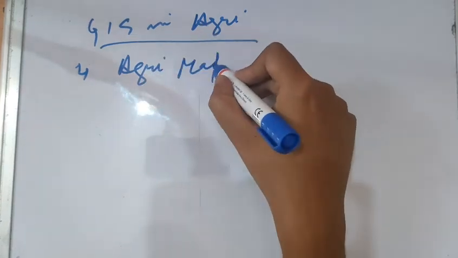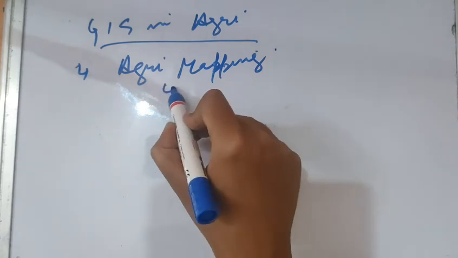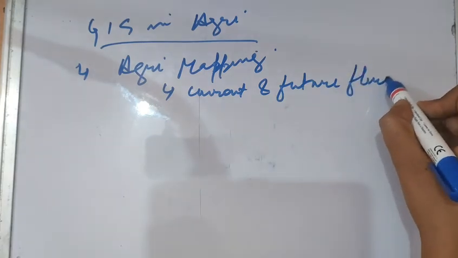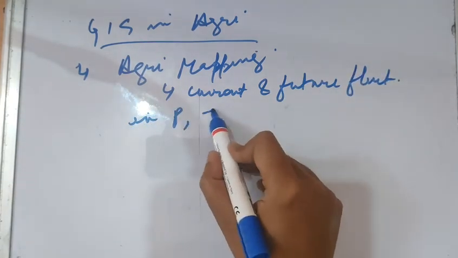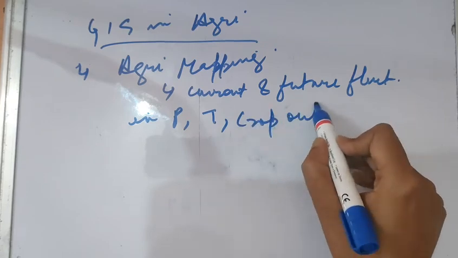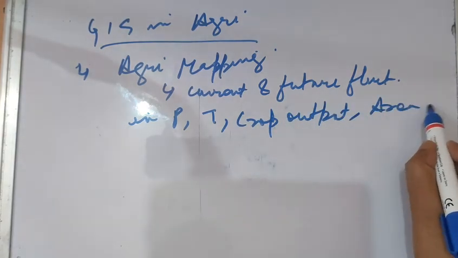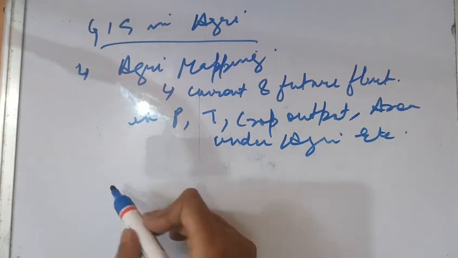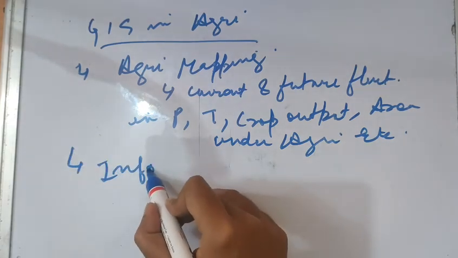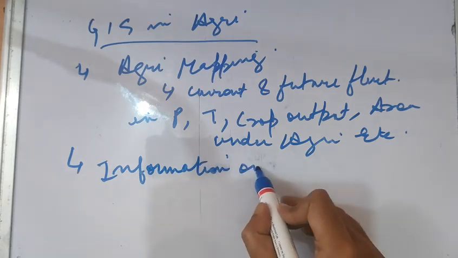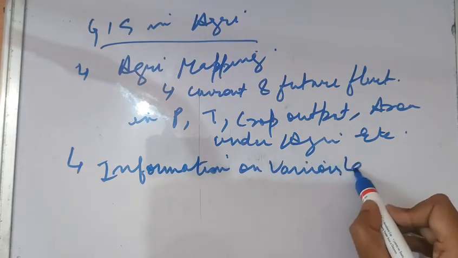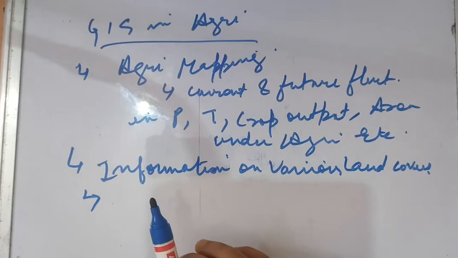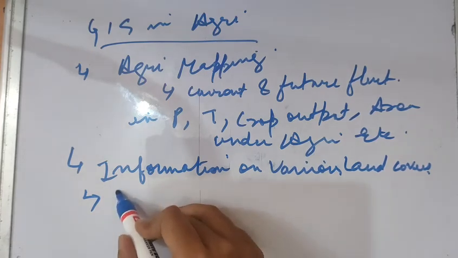It helps in agriculture mapping, like current and future fluctuations in precipitation, temperature, crop output, area under agriculture, etc. It gives us information on various land covers, and maps and locations of machinery like tractors.